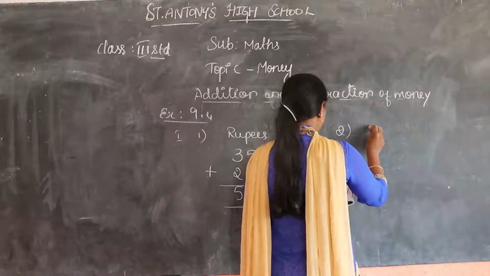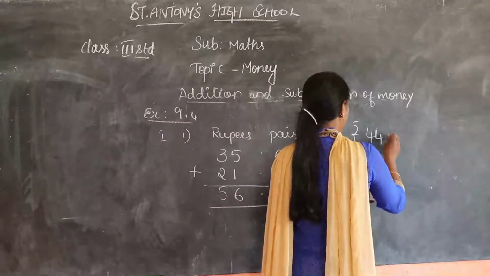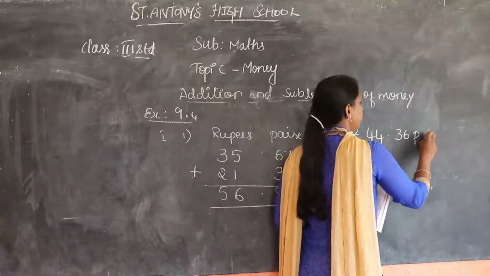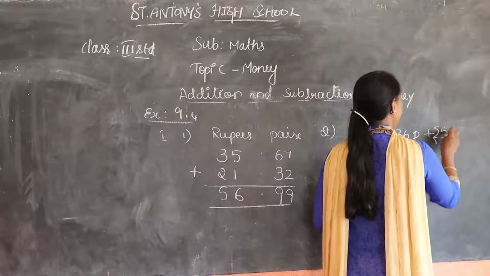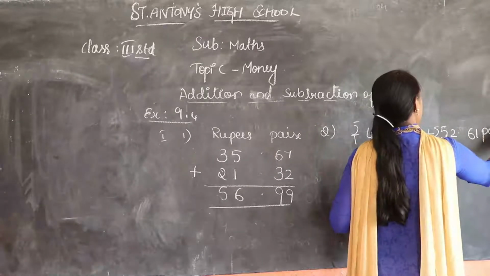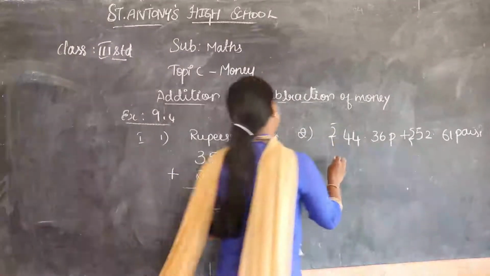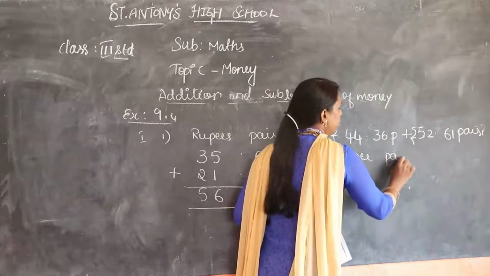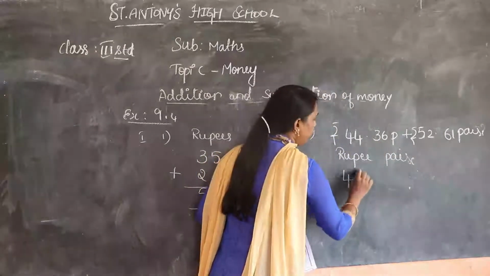But they are given in terms like this. For example, add rupees 44, 36 paise plus rupees 52, 61 paise. For that we have to write down rupees and paise. Below rupees we have to write 44 rupees.